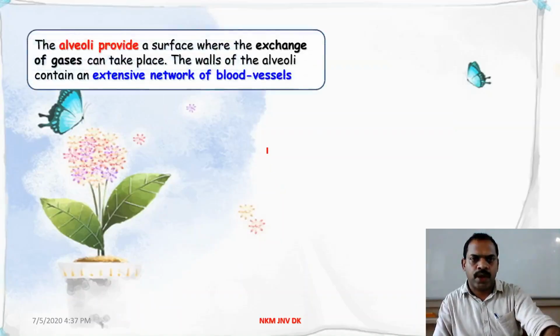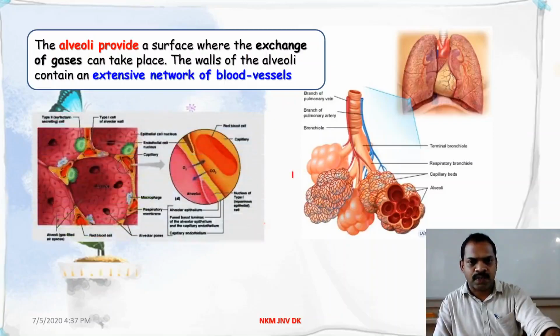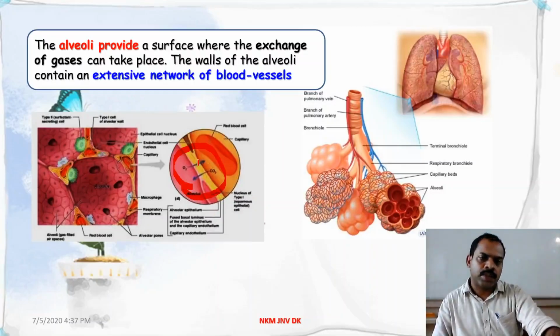So the role of alveoli, again I told you the same thing: surface area for exchange of gases, because it is very thin. As you see, the thin surface is where the gases get exchanged between the blood and the alveoli, as the membrane is very thin, squamous epithelium.